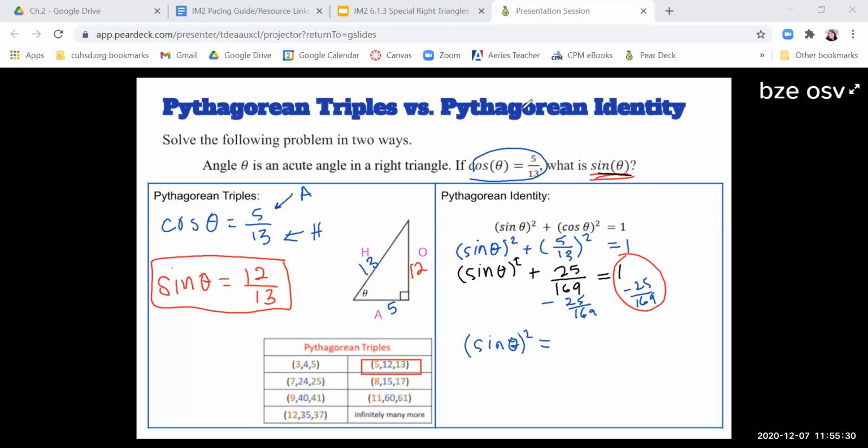So what I can do is rewrite the 1 as 169 over 169. There's our 1 minus 25 over 169. And when I subtract those, I get 144 over 169. So that's what I'm going to go ahead and put over here, 144 over 169.